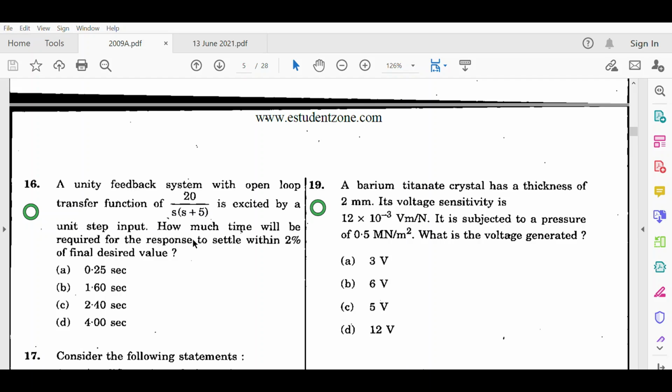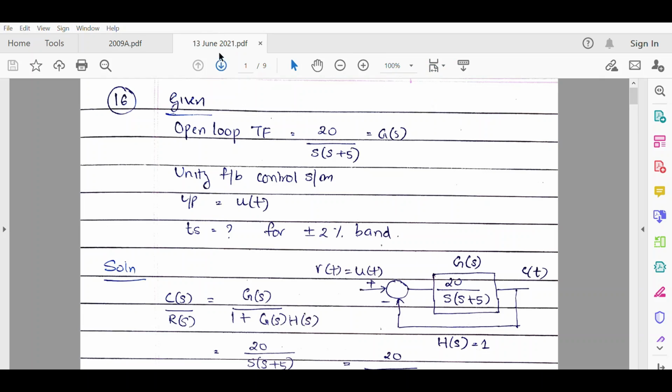Now, in order to find the solution to this question, first we write down the given data. They have given us the open loop transfer function, which we denote as G(s), and it has also been mentioned that the control system is of unity feedback type.